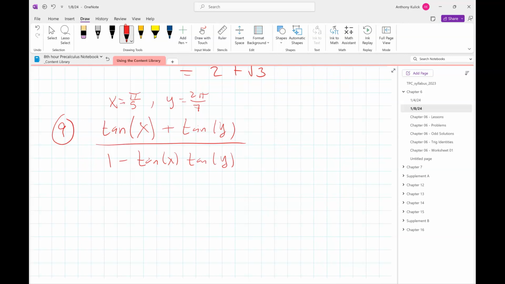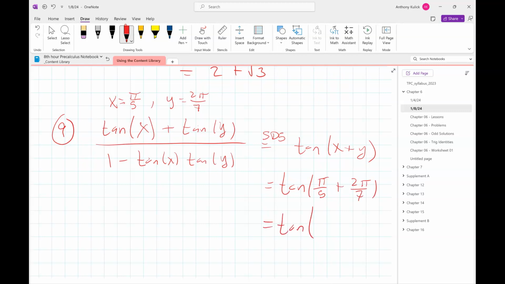So if I go and look at my identity sheet, I'm going to be looking at the right-hand side of the identities. If I look at my sum and difference identity number SD5, that's what this appears to be. And again, in this problem, x was pi over 5, and y was 2 pi over 7.